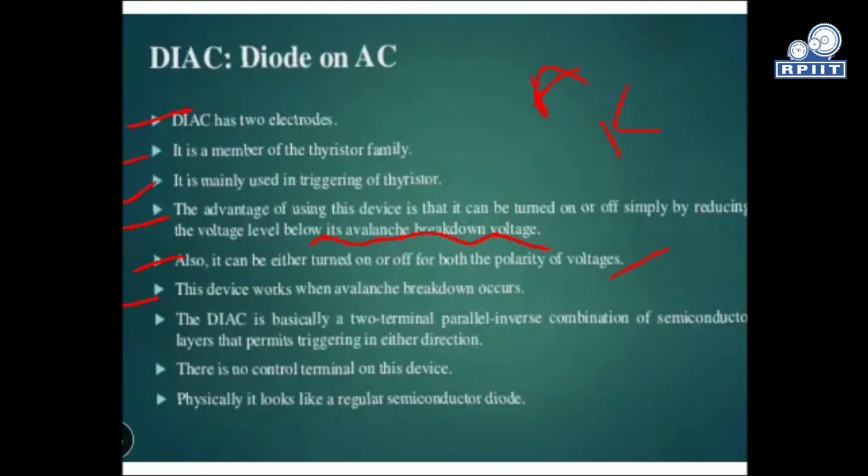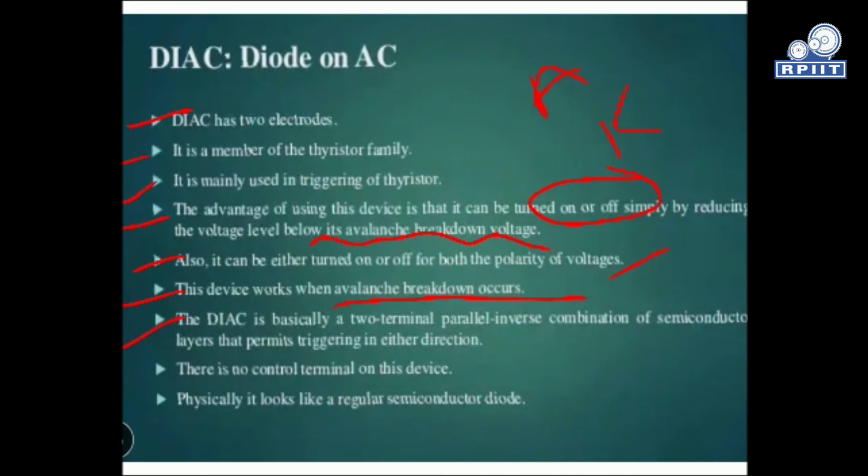So this device works when avalanche breakdown occurs. As already told, it is a device whose turn-on depends upon the voltage level relative to the breakdown voltage. So this device works on the avalanche breakdown only. The DIAC is basically a two terminal parallel inverse combination of semiconductor layers that permit triggering in either direction.